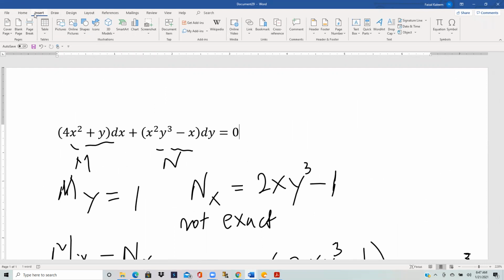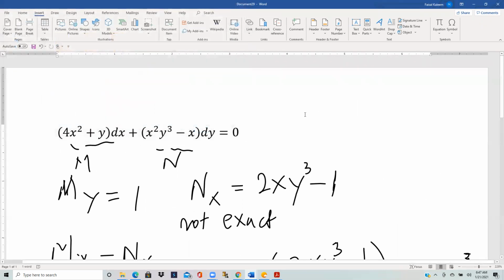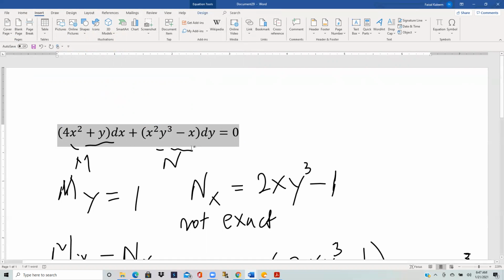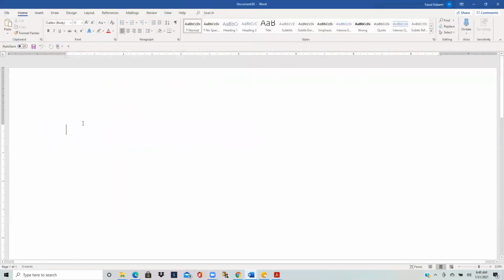Let's copy this equation and multiply it by x to the -2.